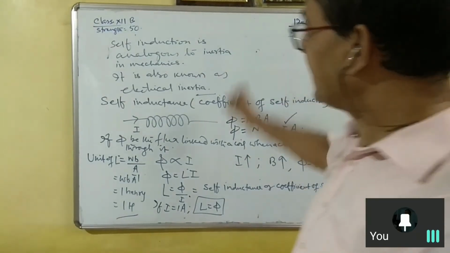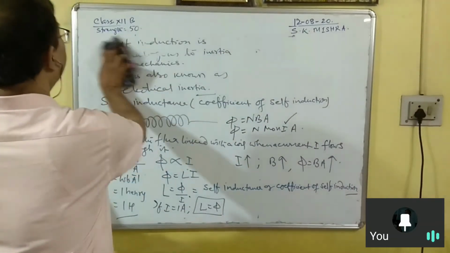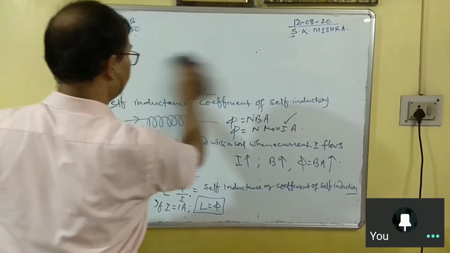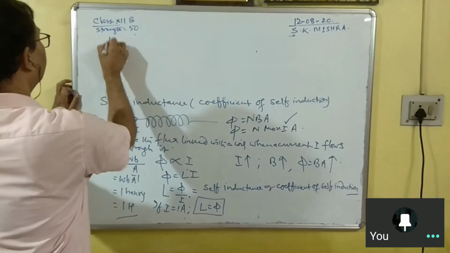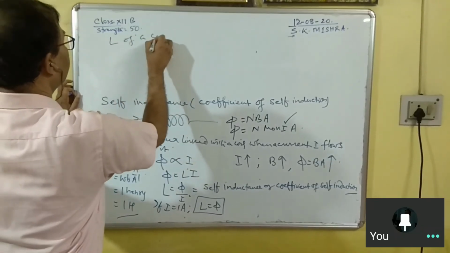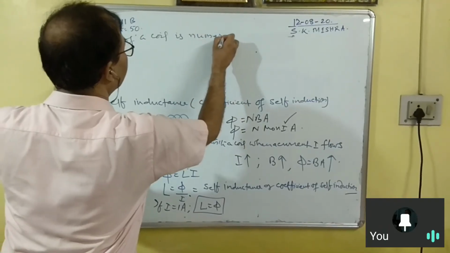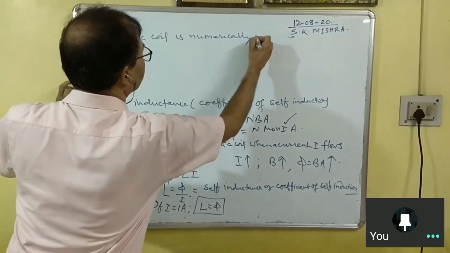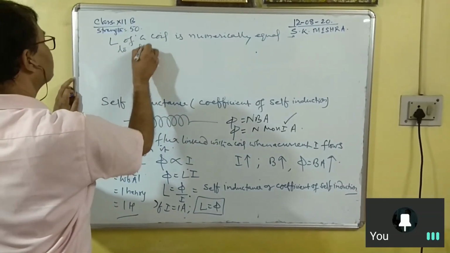Have you taken the snapshot? I will write in the upper part. You just take it. Okay, then: L of a coil is numerically equal to the flux.